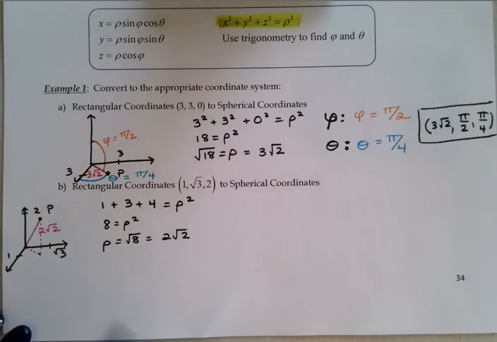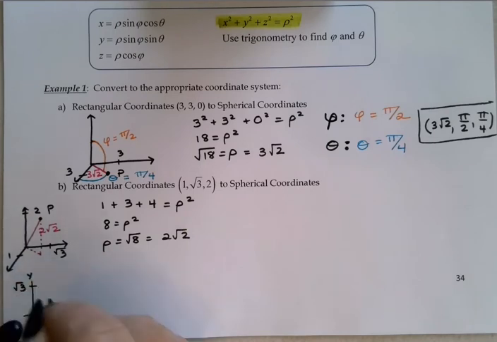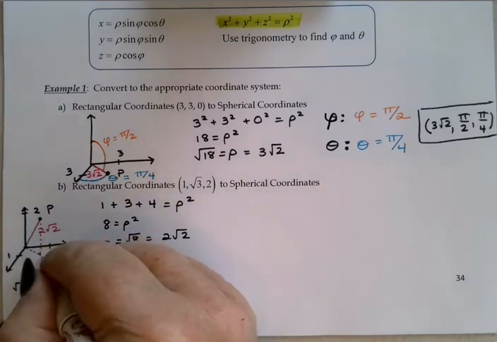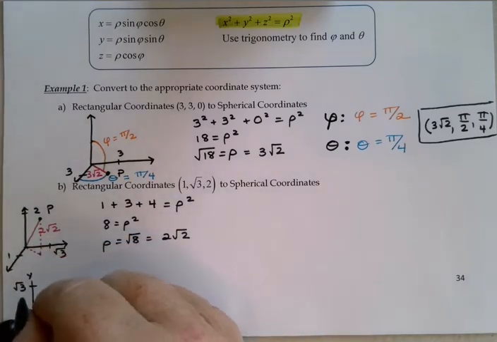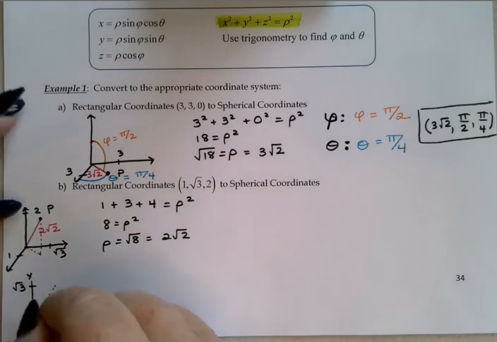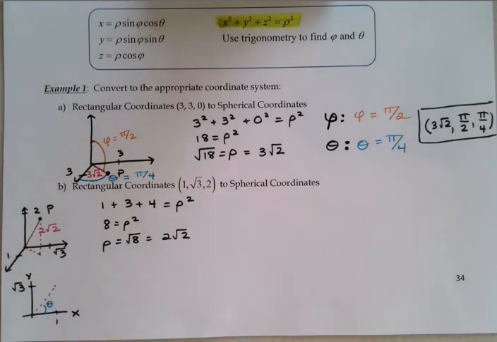So if I were to draw just the xy plane here for a moment, again, x was 1 and y was the square root of 3, then this dotted line that I drew, right there, my goal is to find theta, is the angle from that line to the positive x-axis.